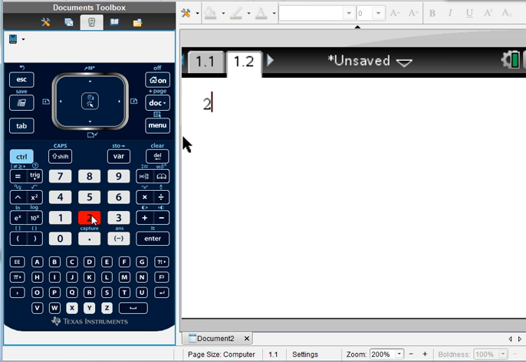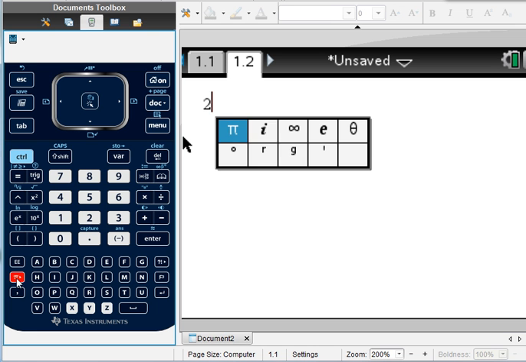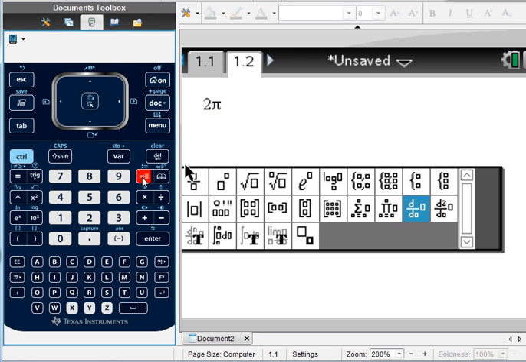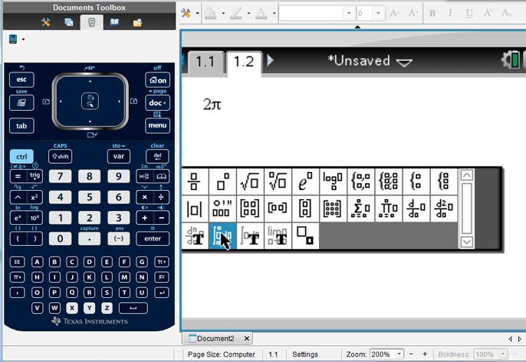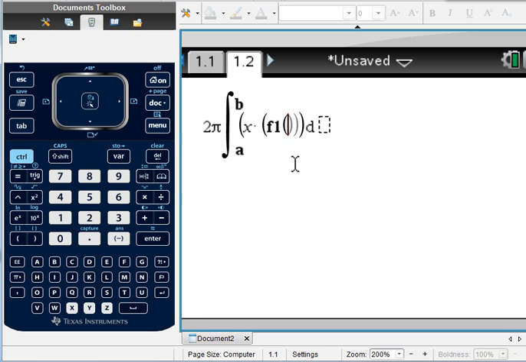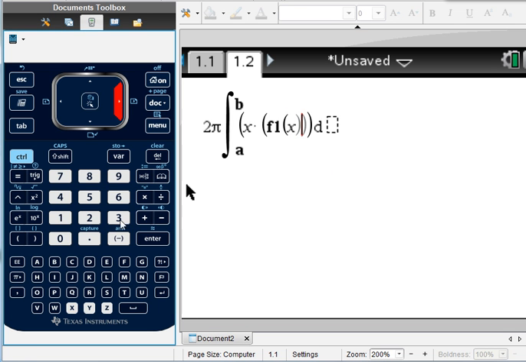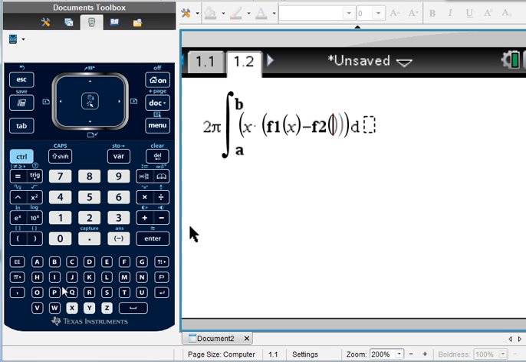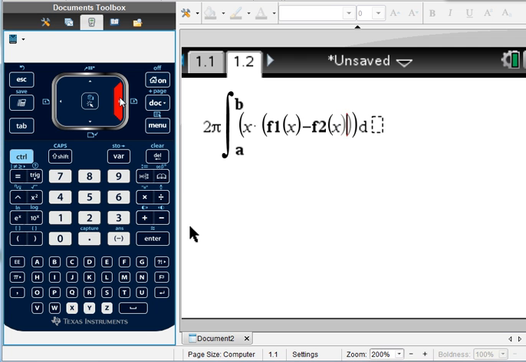Again, don't forget the 2 pi on the outside, times the definite integral from a to b of x times, open parentheses, our first one was f1 of x minus f2 of x, dx.